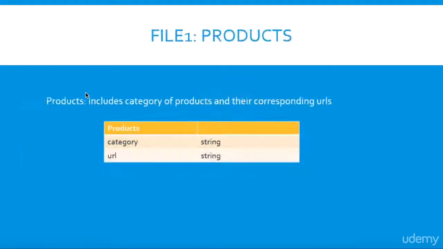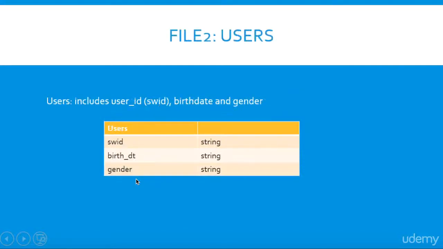Let's have a look at the sample data and their schema which we will be using in this demo. There are three files. Products: it includes categories of products and their corresponding URLs, and this is the schema of the file, category and URL. Users: this file contains details of users who visited the website, and this is the schema.